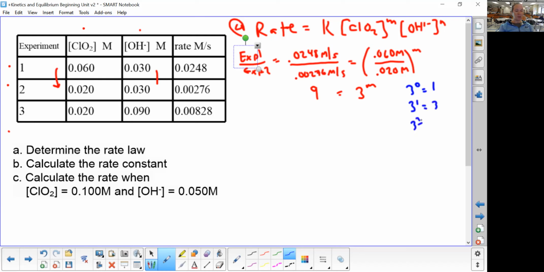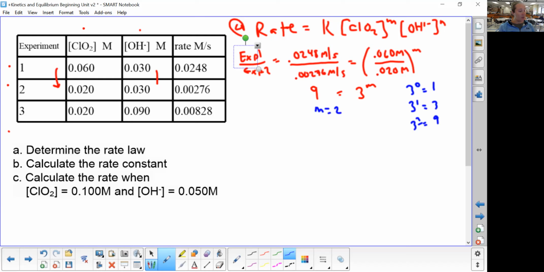It's usually a good way to do it. So that means m is equal to 2. As the concentration of the chlorine dioxide triples, the rate goes up by nine times. Cool. So it's second order with respect to the chlorine dioxide. That is what m is.